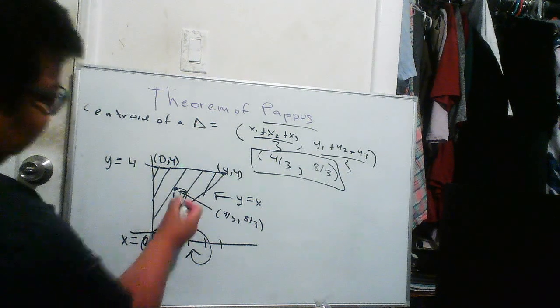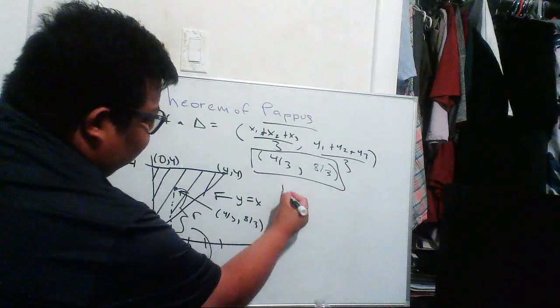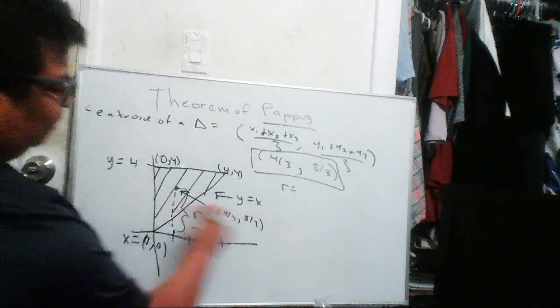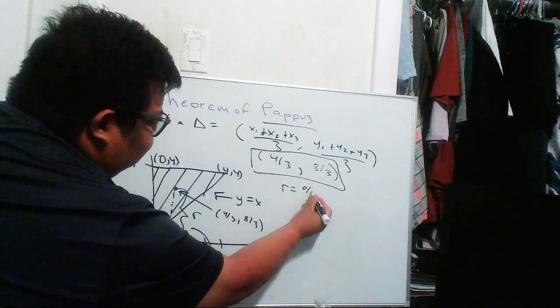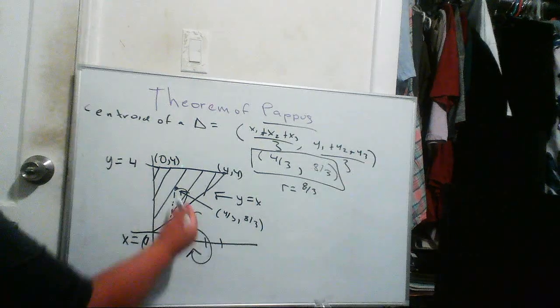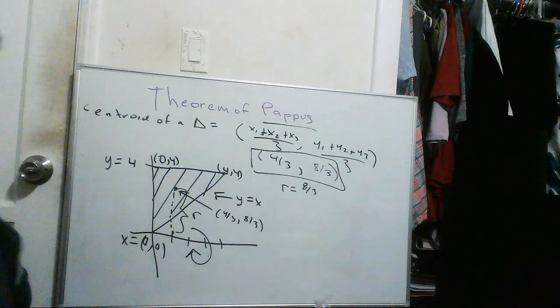Now to find the distance from here to here, R has to be the y of the center of the triangle. So R has to be 8 over 3, because it's the y from the centroid all the way to here.